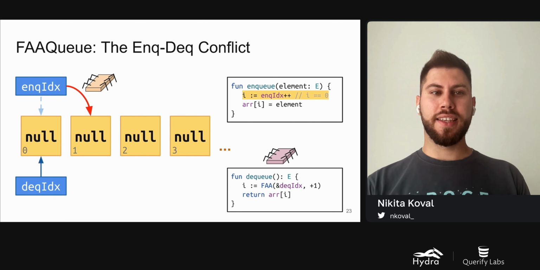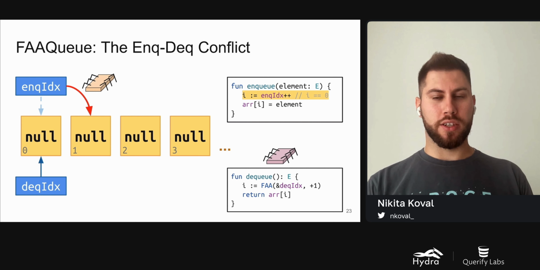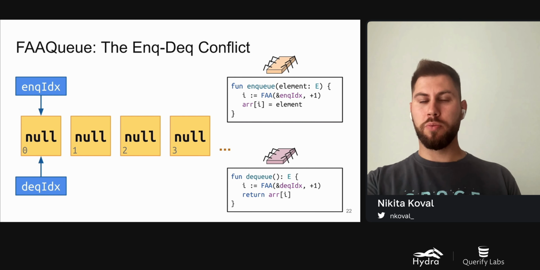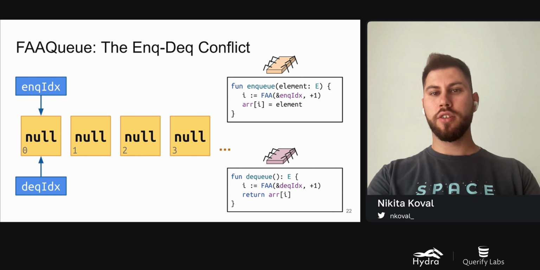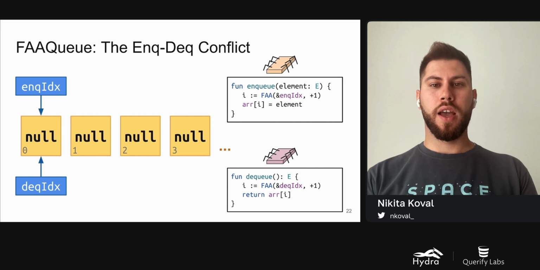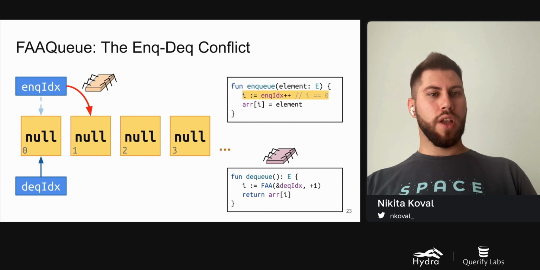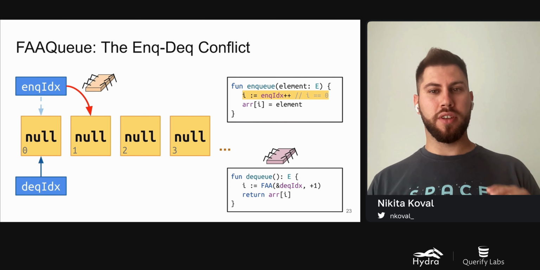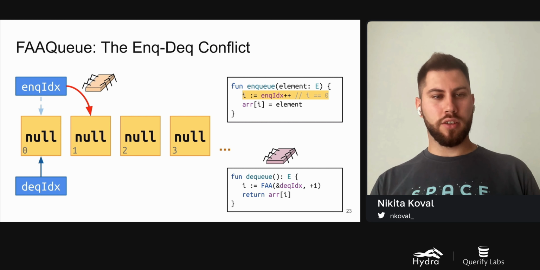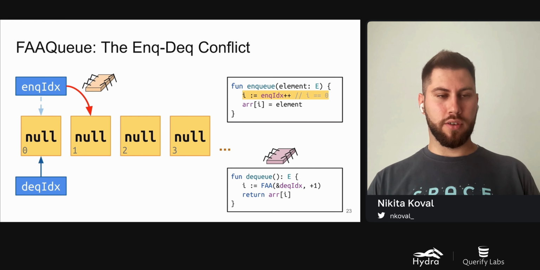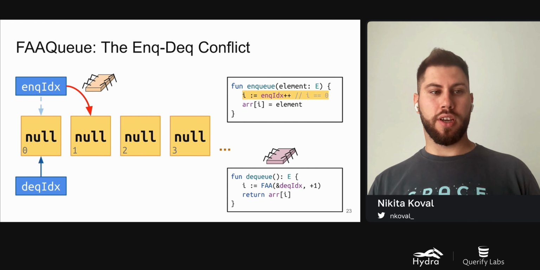When the yellow thread performs its increment, sorry, here it should be fetch and add, of course. Sorry for that. So it should be fetch and add enqueue index, and after the yellow thread claimed the slot, it has not put the element into the corresponding array slot.